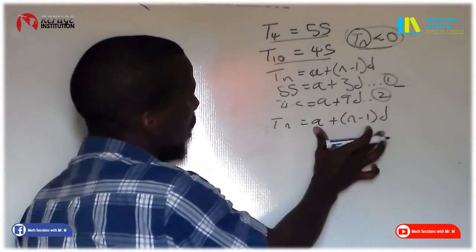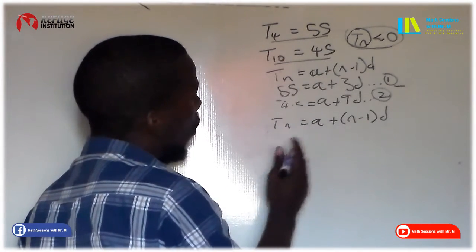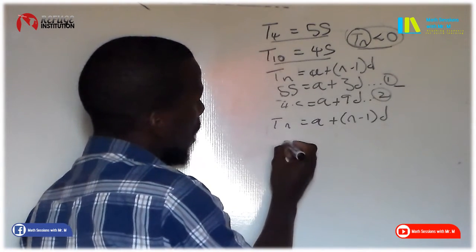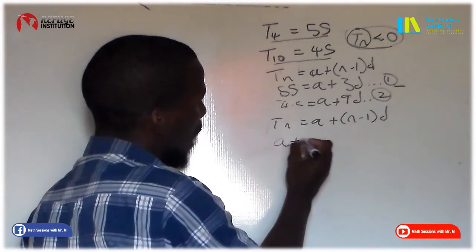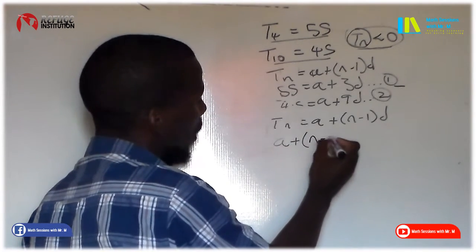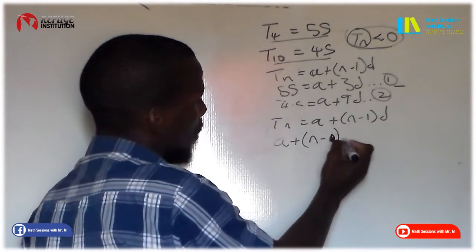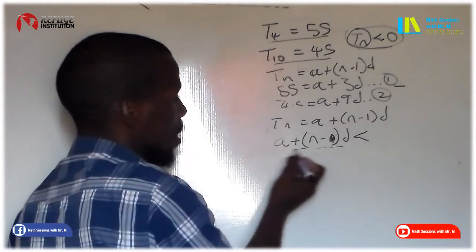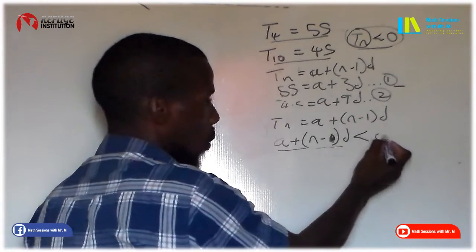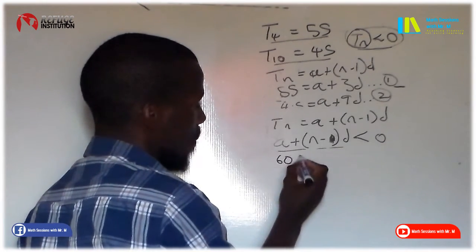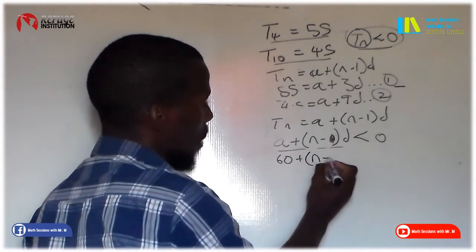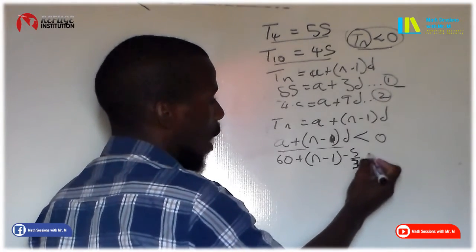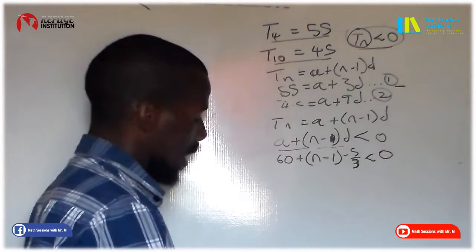So we have 60 plus (n minus 1) times negative 5 over 3, which is our Tn, less than 0.